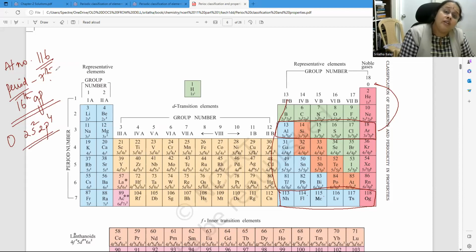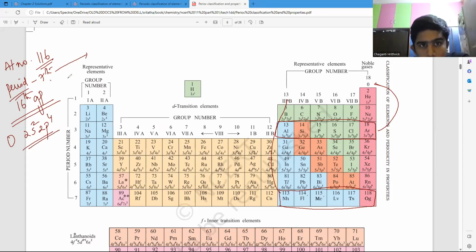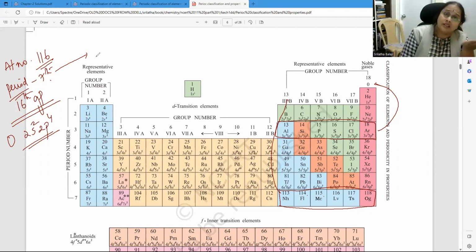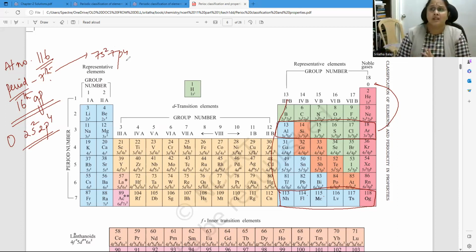So what would be the configuration of the 116th element? 7s2 7p4. Excellent. Can you see? So simple, you just elevate your thought, project it, and you'll get it. Understand the basics and you will be able to answer. It's not any rocket science. Clear?